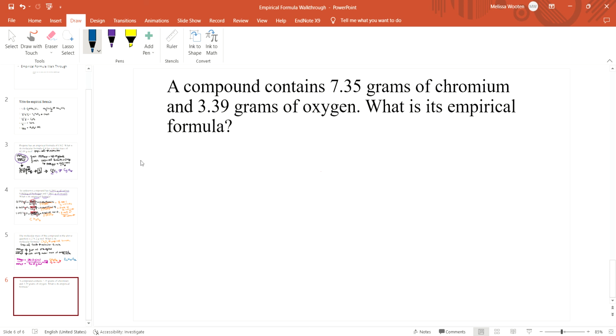And so you want to find chromium on the periodic table so you can find those molar masses. So you're going to have 7.35 grams of chromium. And we're going to figure out how many moles of chromium in that is.